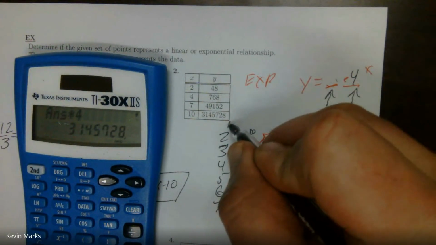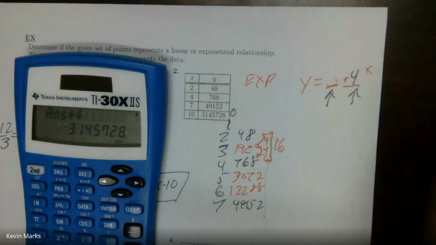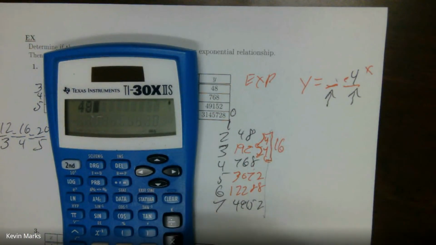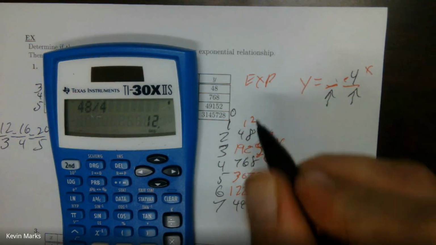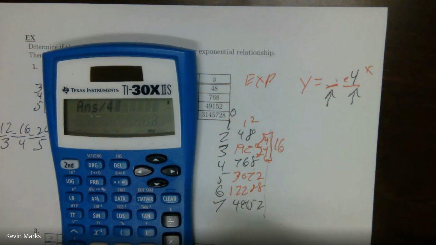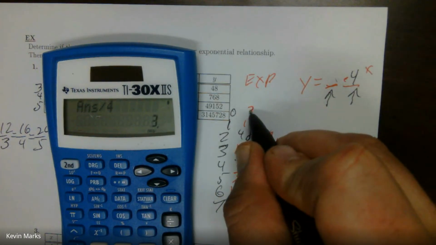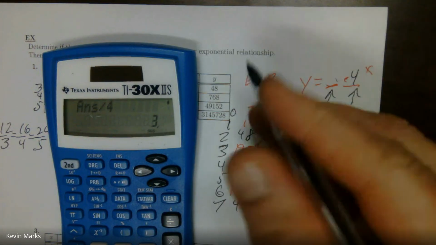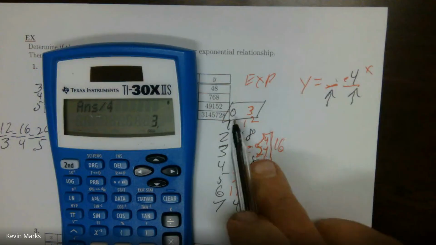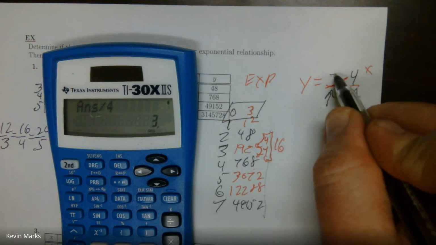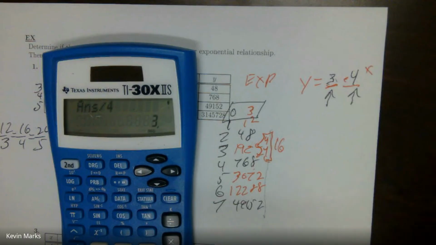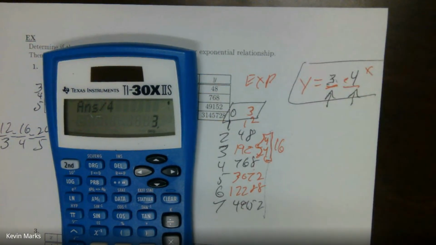Oh, okay. So I can go back when x is 1. You can go back here. 48 divided by 4 is 12. And then if you divide that by 4, you're going to get 3. So that means my initial right here, when x is 0, that initial had to have been 3. So there's your actual equation then.